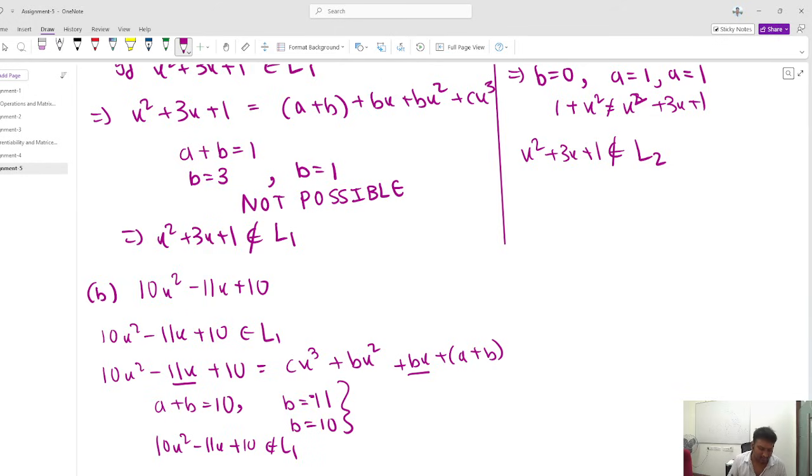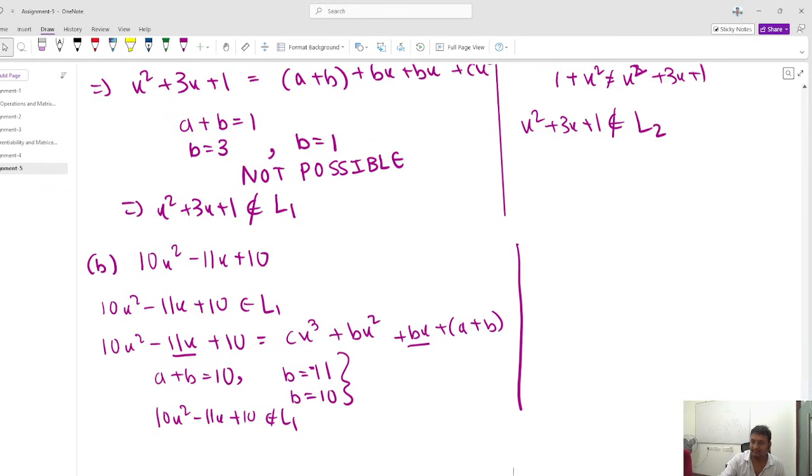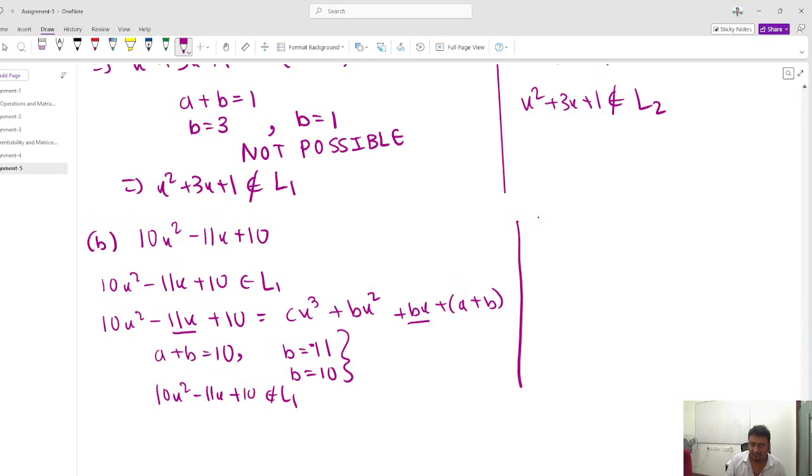And all polynomials are like that, I think. Okay, let us check if it belongs to the span of the other one. So 10x square minus 11x plus 10, let's say it belongs to L2. Then it is of this form. What form? I actually forgot.